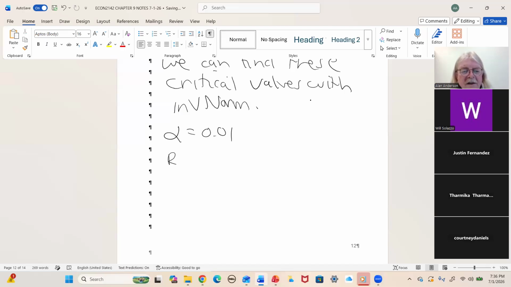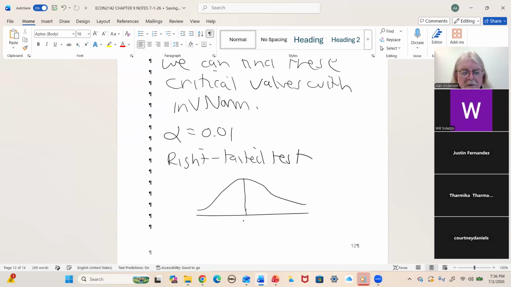So again, for a right-tailed test, this is what we're looking for. We need a value such that 1% of the distribution is in the right tail and the rest is in the left.